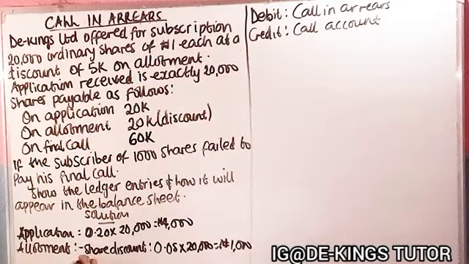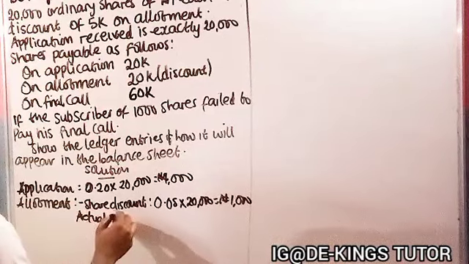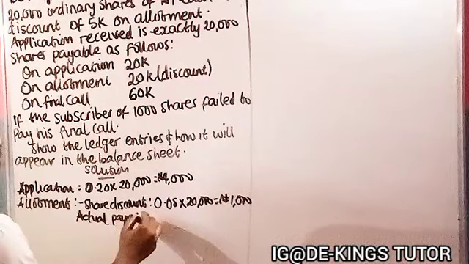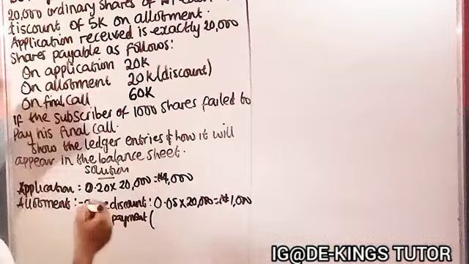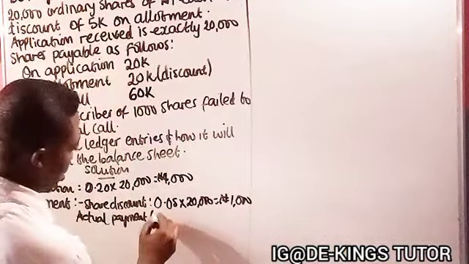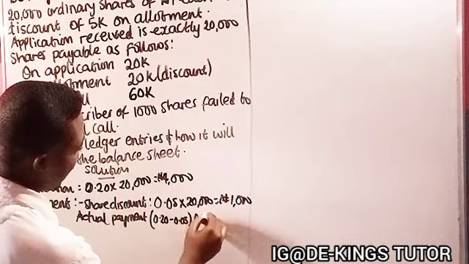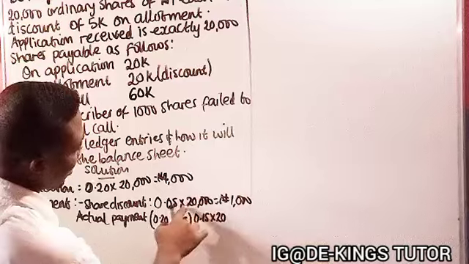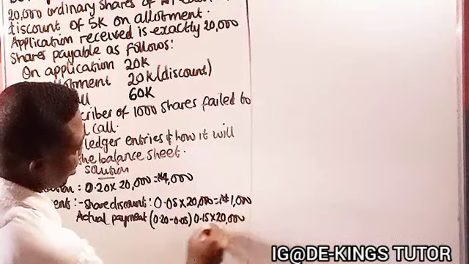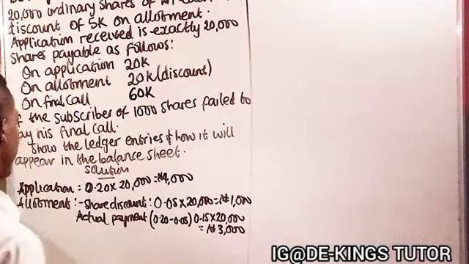The next one is the actual payment. Since it's on discount, it will now be 20 kobo minus 5. That's 0.20 minus 0.05, which is 0.15 times 20,000 shares. This will give us 3,000 naira.